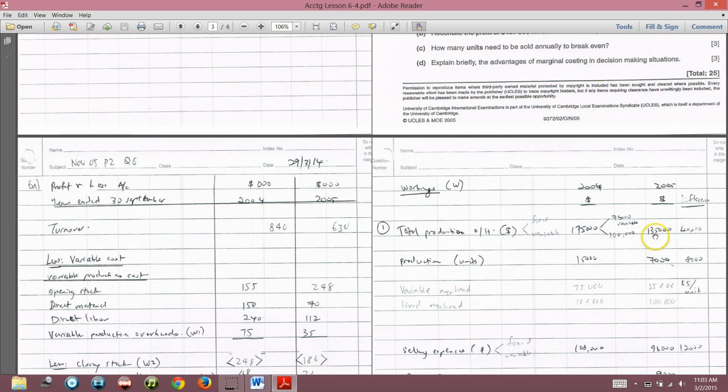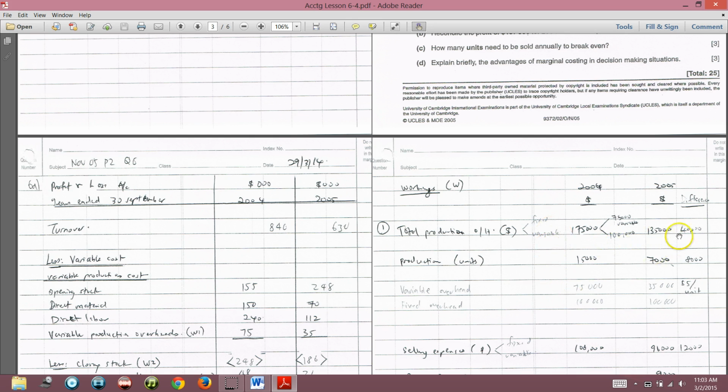So if you imagine a linear graph, even if production is zero, there is a fixed production overhead figure. So we have to think of a way to find out how much the fixed production overhead figure is.